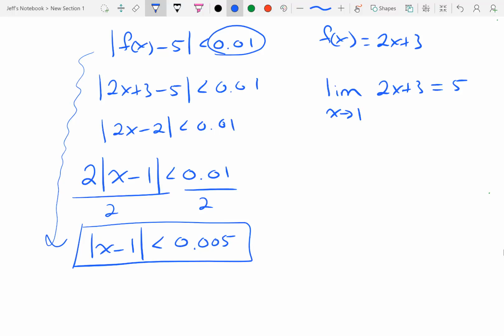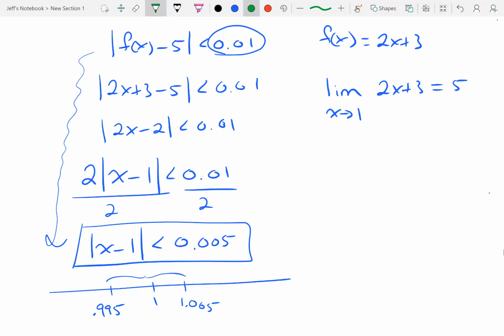So here, since the absolute value of x minus 1 is less than 0.005, like I said in my example reminding you from algebra, if 1 is right here, then I could go up a distance of 0.005. That would be to 1.005, and then down 0.005, which is 0.995. This gives me a range of values for x.